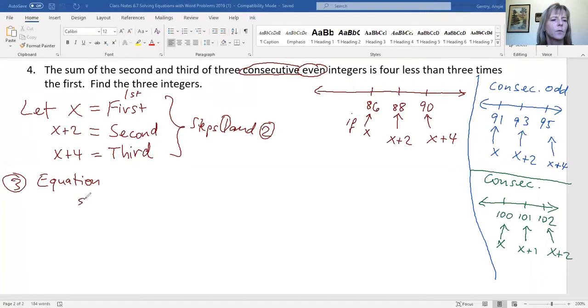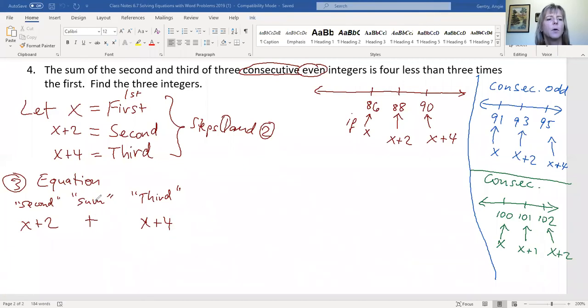Okay, the sum is what? How about a plus? Of the second and third. So you go in here and you pick out your second. Hey, the second guy, second was x plus 2, wasn't it? And the third, and I'm only going to do this once where I completely write this down like this.